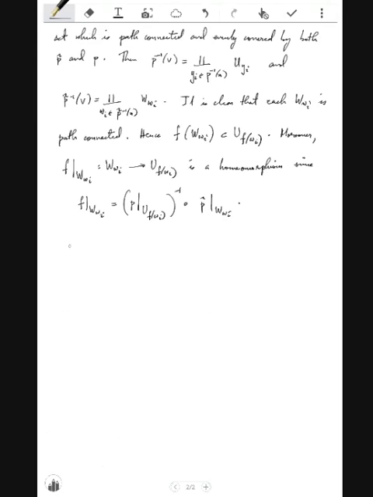So from this, it easily follows that f inverse of U sub y is equal to the disjoint union of W sub w_j over w_j inside f inverse of y.